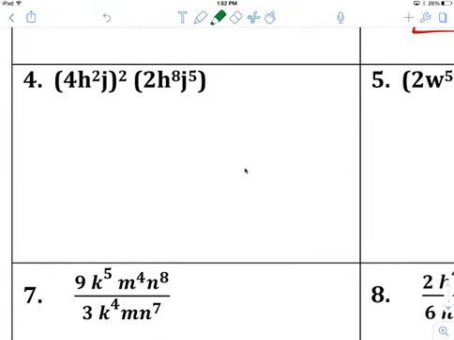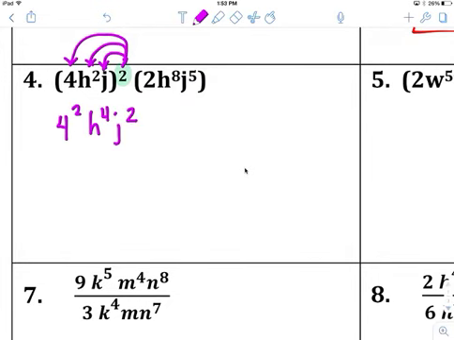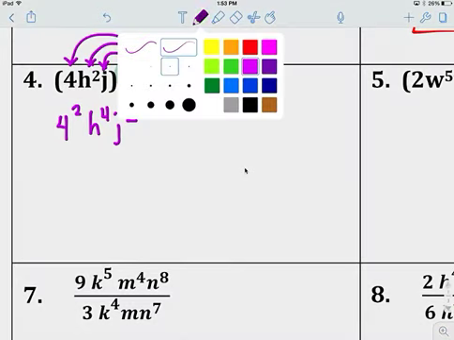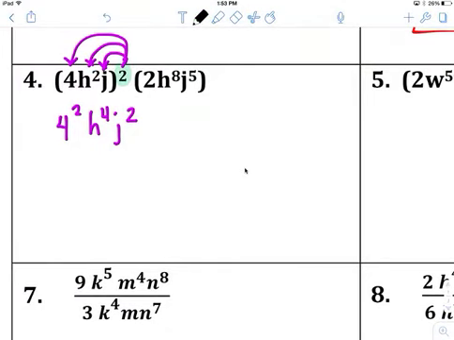Okay, here, because we have the exponent outside, we need to do that first. Distribute that. I explained this at school already, so if you didn't get it, all right. And then the next one right here is 2h to the 8, j to the 5th. There's nothing we can do with that.